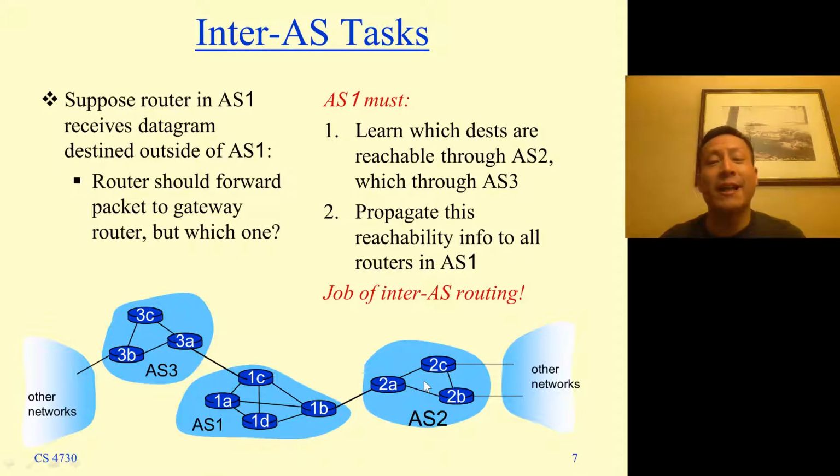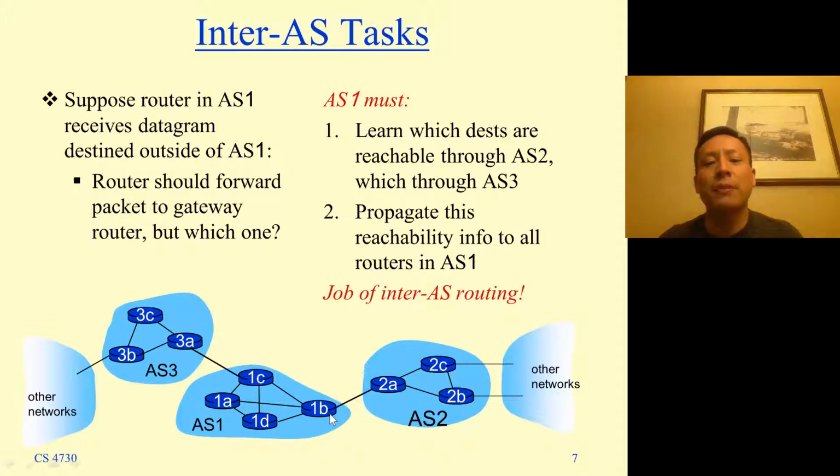You need to decide and propagate this reachability information to every router inside this autonomous system, so that no matter who receives a packet with an external destination address, it can be sent to the correct router to be handled in the next step.